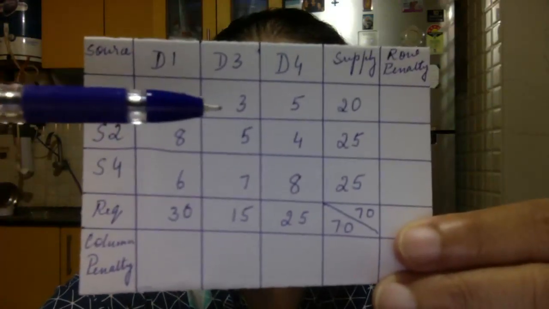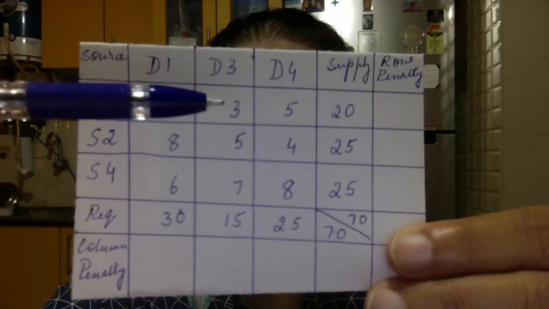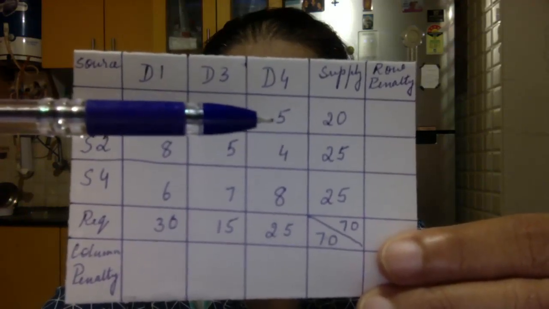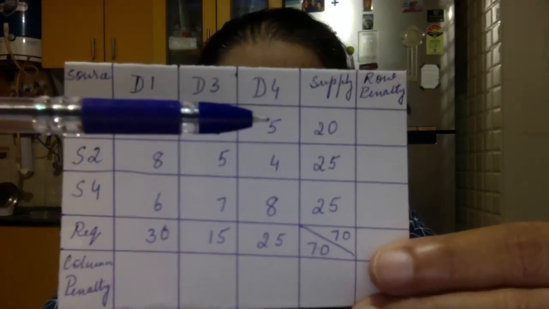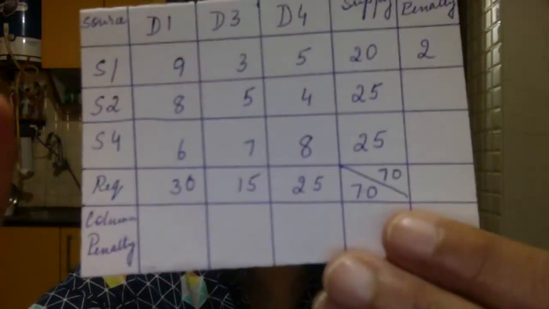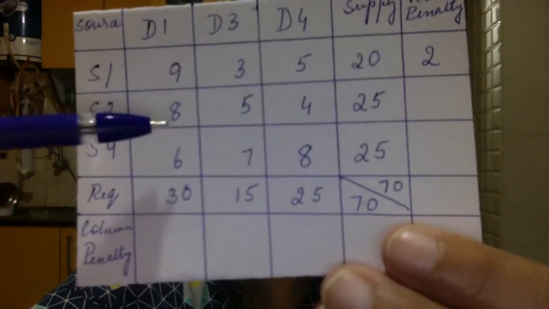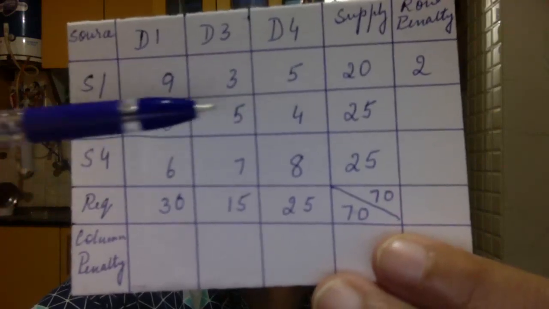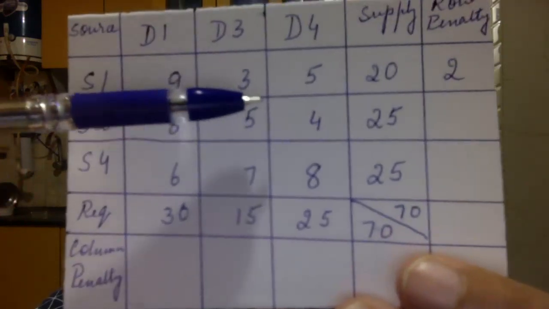Let us go ahead. Now, in the first row, we have 9, 3 and 5. Least is 3, the next least is 5. So 5 minus 3, our row penalty is 2. Next, we have 8, 5 and 4. Least is 4, the next least is 5. So the row penalty between 4 and 5 is 1.